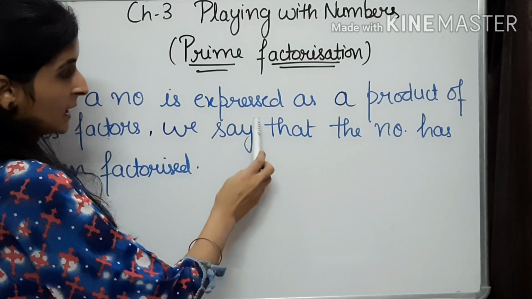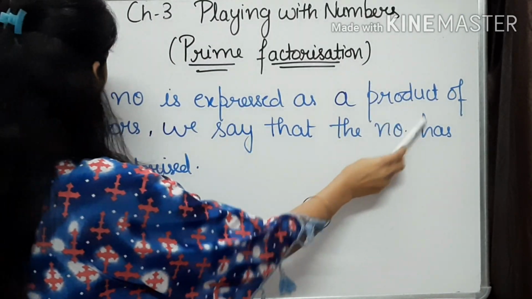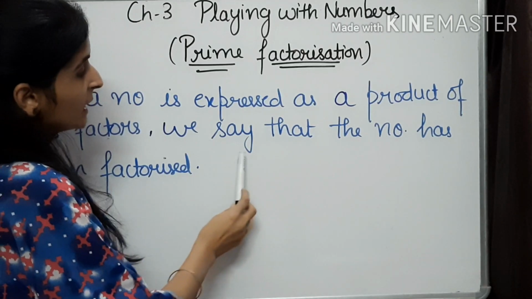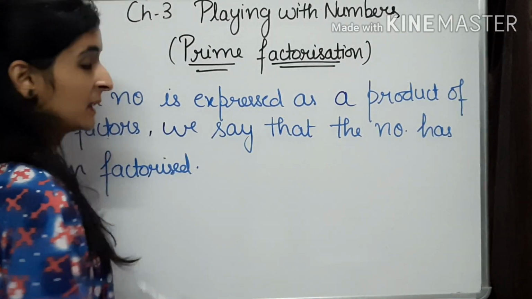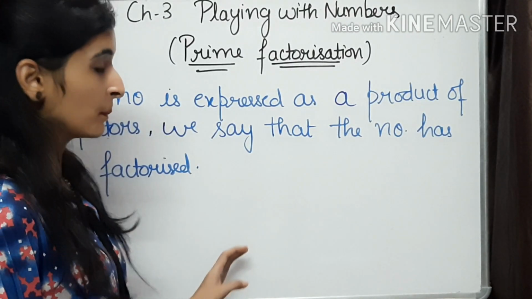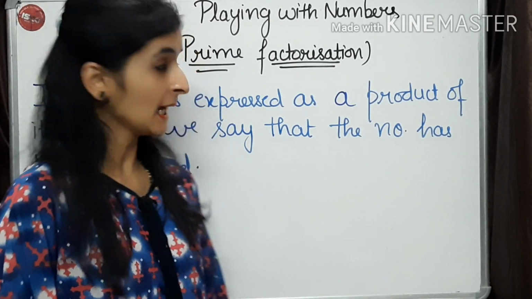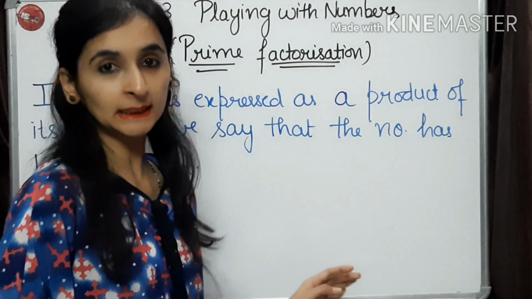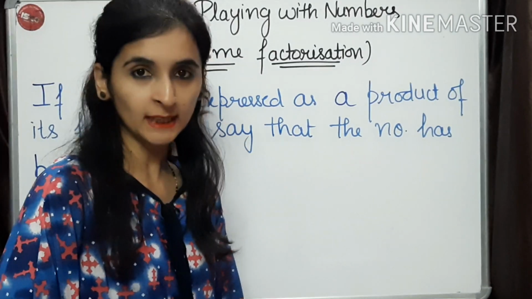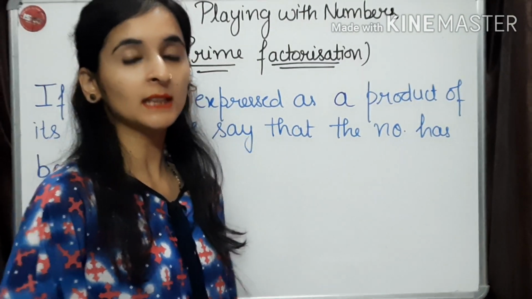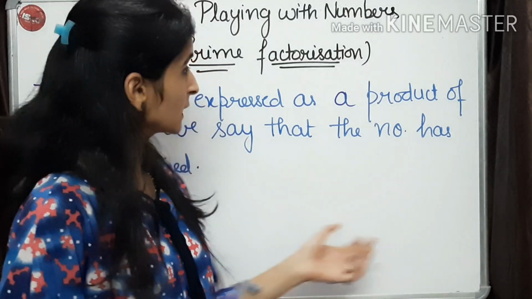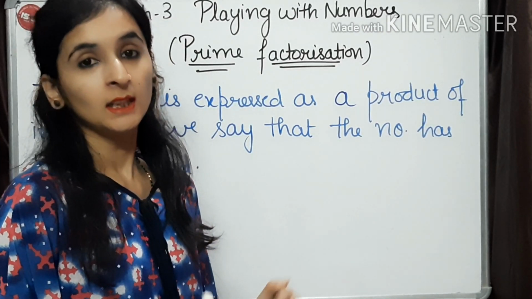If a number is expressed as a product of its factors, we say that the number has been factorized. Suppose you have been given a number and you have written that number as a product of its factors, it means that number has been factorized. But what about prime factorization?